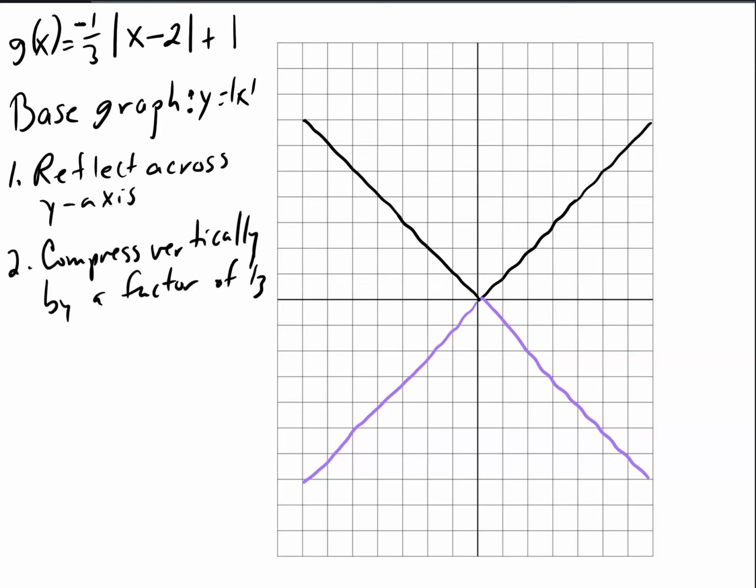And again, the easy way to handle that is just to go through the scale. So originally, our scale would be 1, 2, 3, 4. Those are all negatives since I'm below the x-axis. 1, 2, 3, 4, and so on. The easy way to do that would be to multiply your scale by a third instead of having to redraw the whole graph.